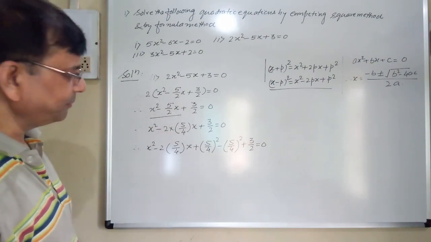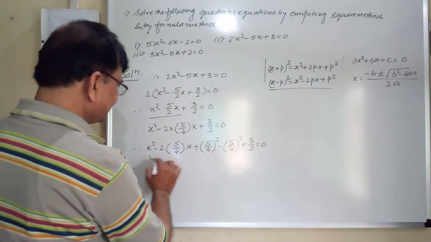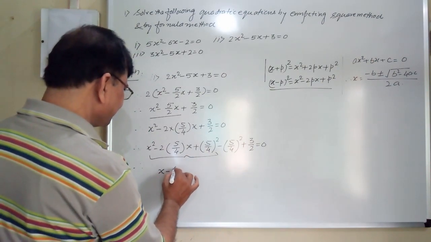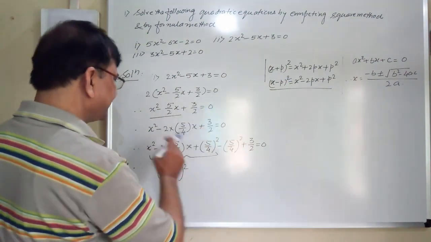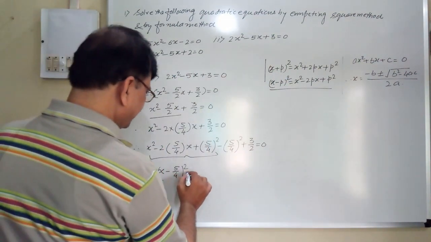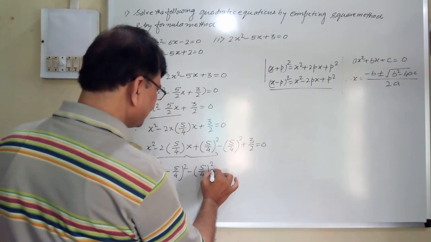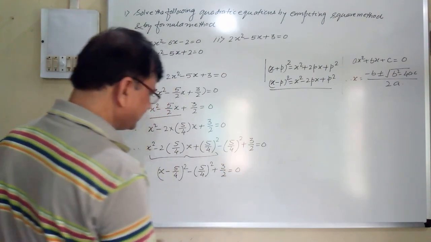Okay, as I had done in the previous case. The benefit of this is that this has become a perfect square, that is x minus 5 by 4 whole square, minus 5 by 4 whole square plus 3 by 2, that is equal to 0.